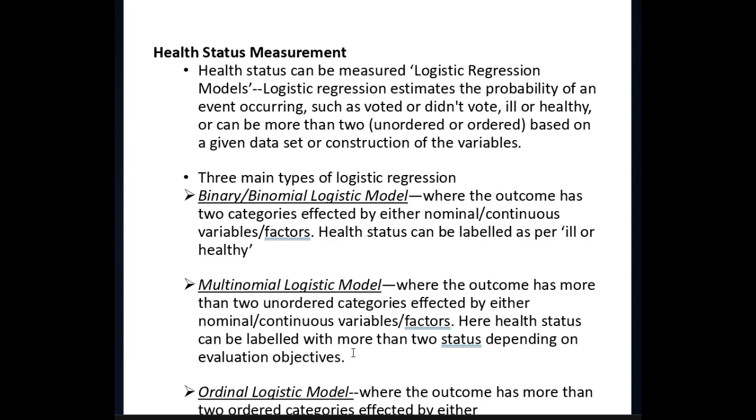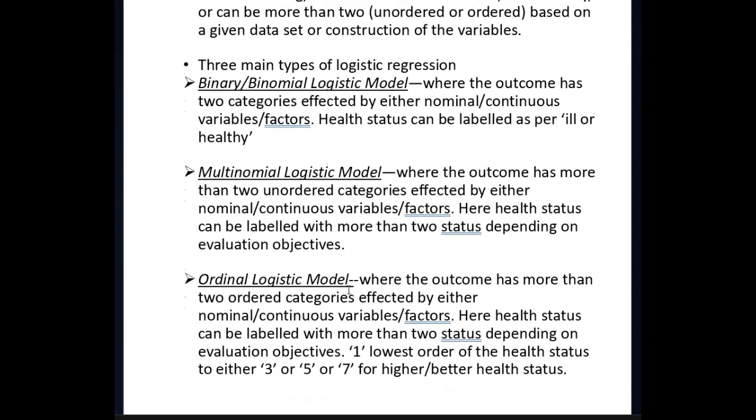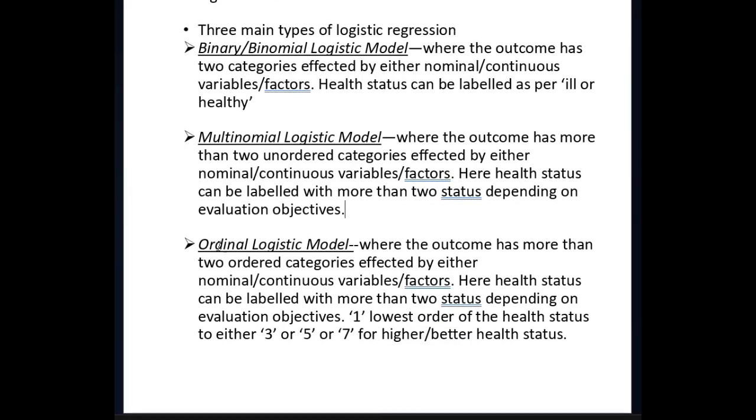Now if your health status has more than 2 categories, but they are in order, then you should use the ordinal logistic model, where the outcome has more than two ordered categories affected by either nominal or continuous independent variables. Here, health status can be labeled with more than two statuses depending on evaluation objectives, like number 1, the lowest order of health status, to either 3 or 5 or 7 for higher or better health statuses.